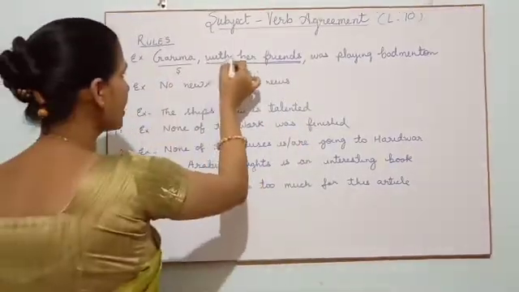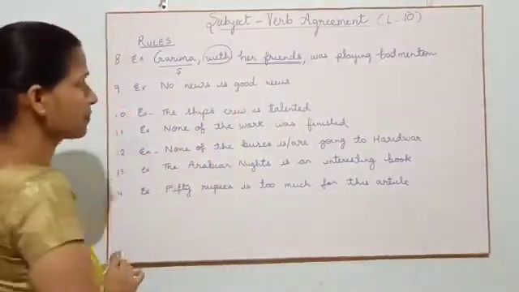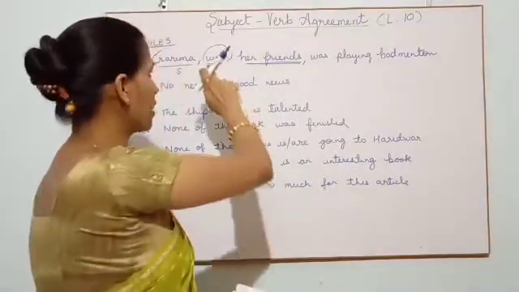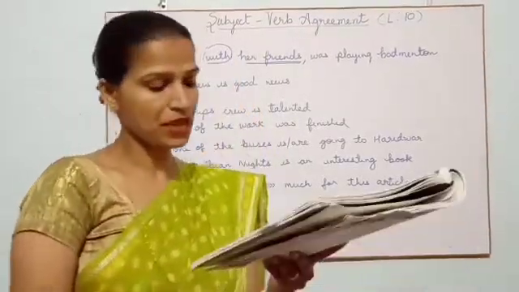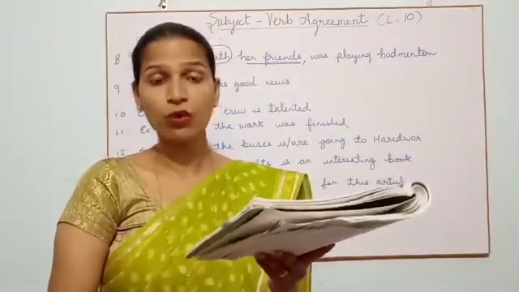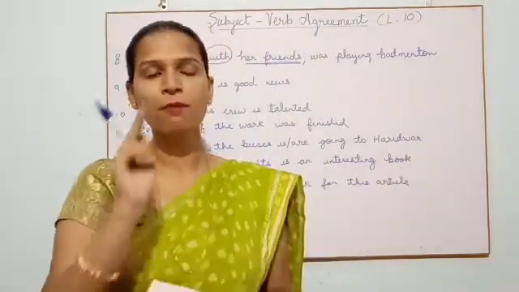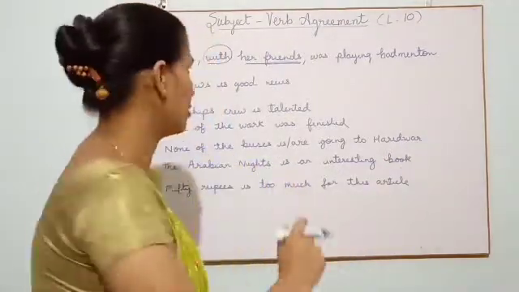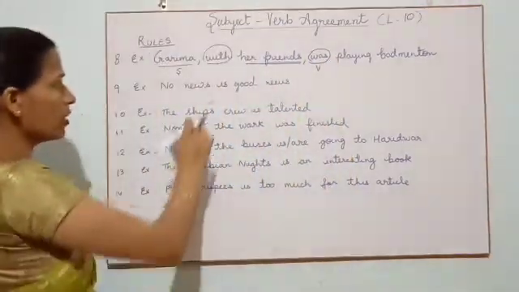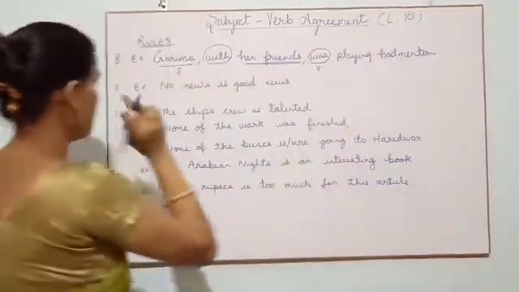And how is it connected? We can see it is connected with the word with. Then it says, it can be as well as also. I have taken the example with the word with. It says that when they are connected to a second noun by with or as well as, then the verb must be singular. As you can see, Garima with her friends was playing badminton.